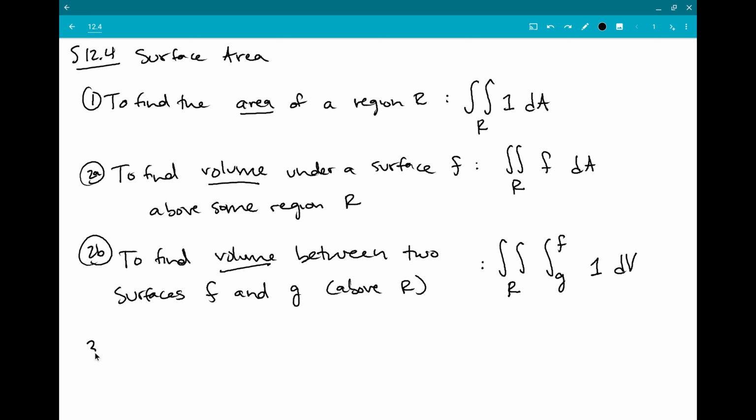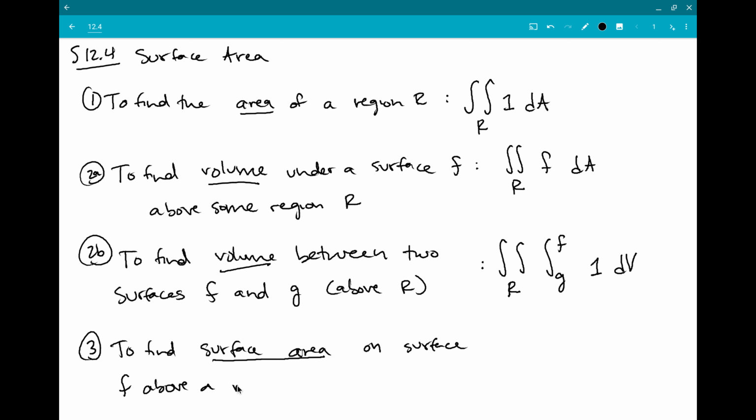And then our new property that we're going to learn today is to find surface area on some surface F above a region R. What we're going to do is we're going to take a double integral over that region R, and this is going to be double integral, so dA, but then the quantity that we integrate is special.